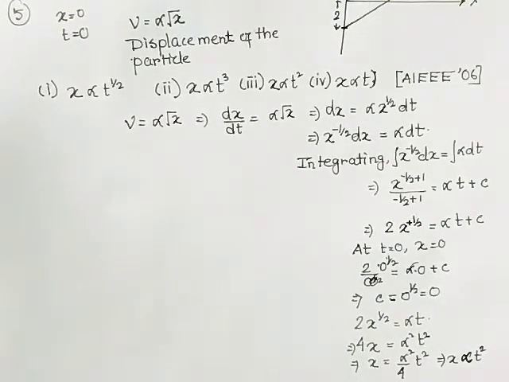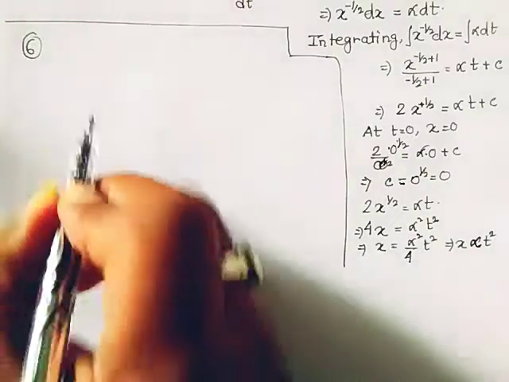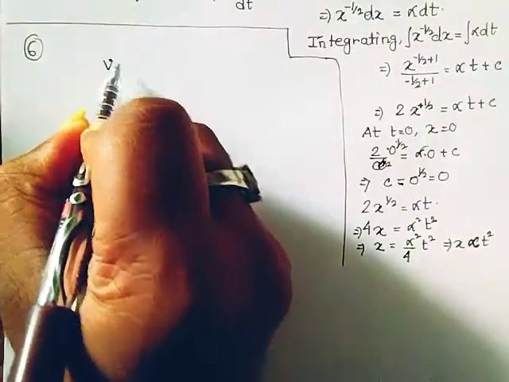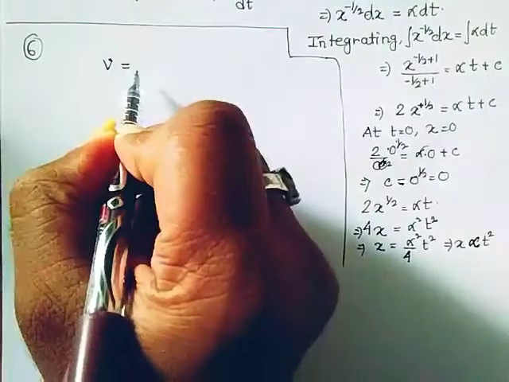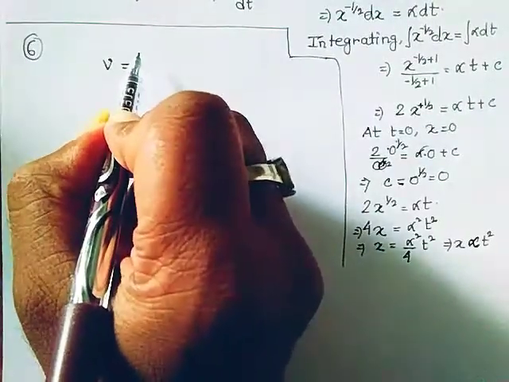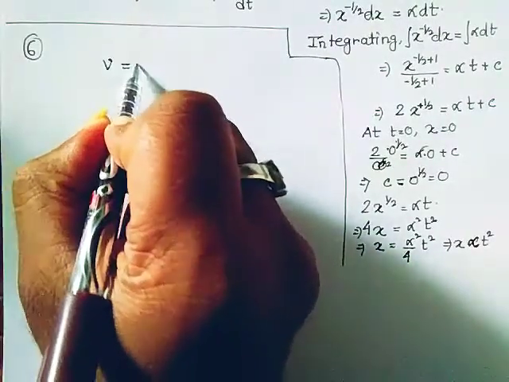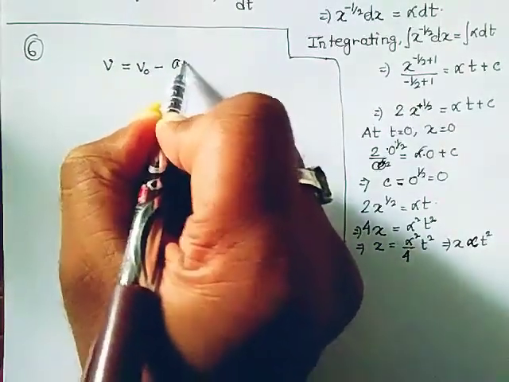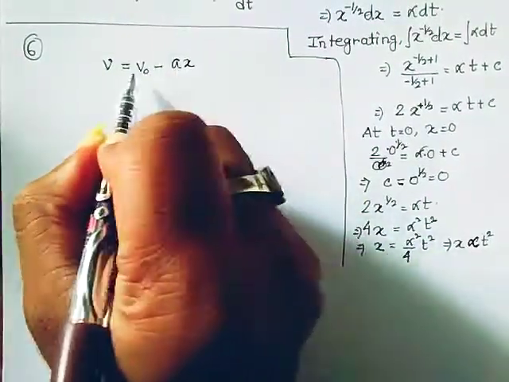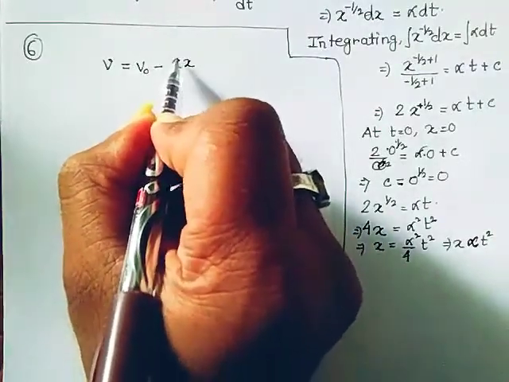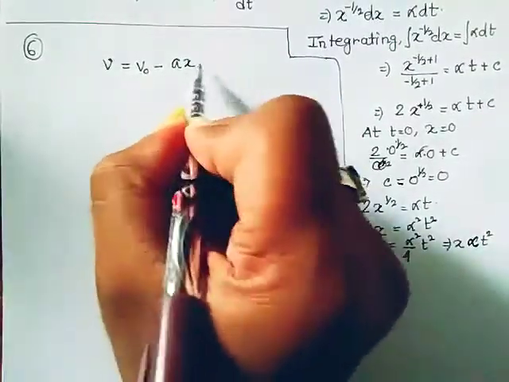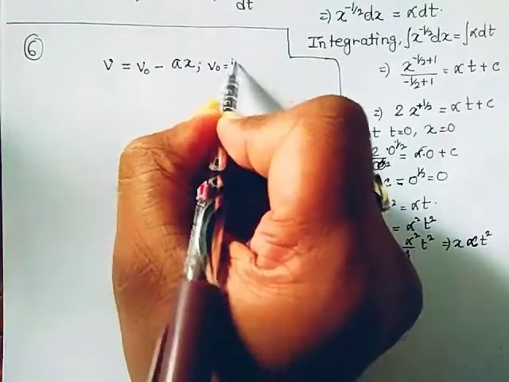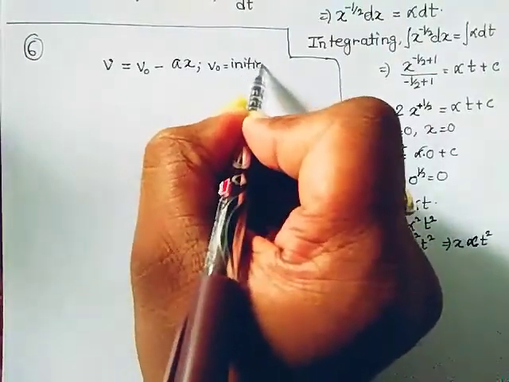The next question is: the velocity of a particle is related to the path length as v equal to v naught minus ax, where a is the constant and v naught is the initial velocity.